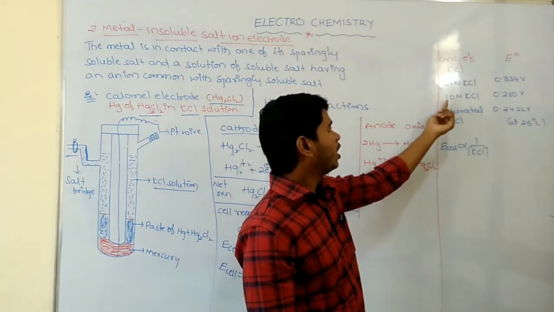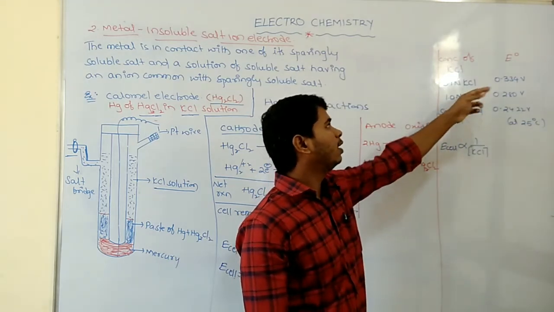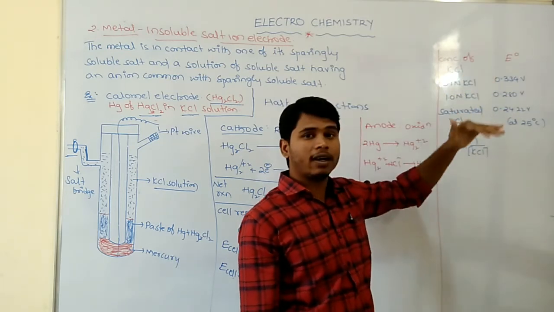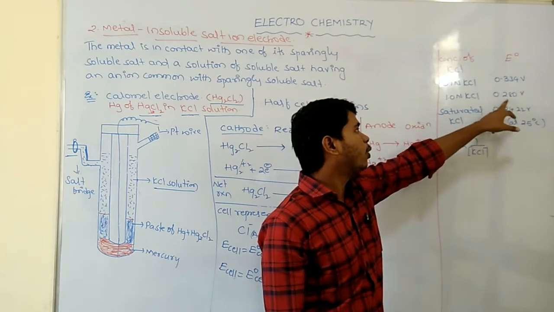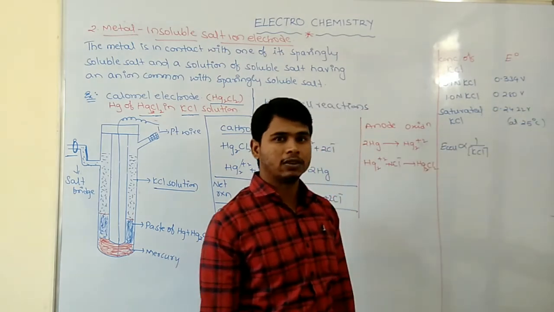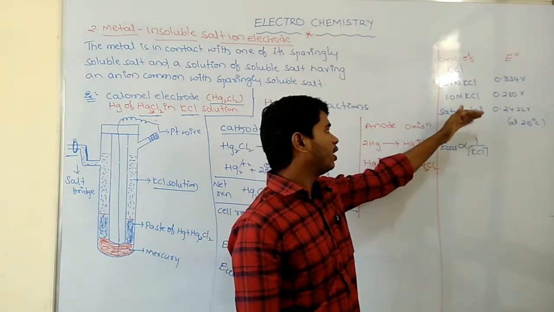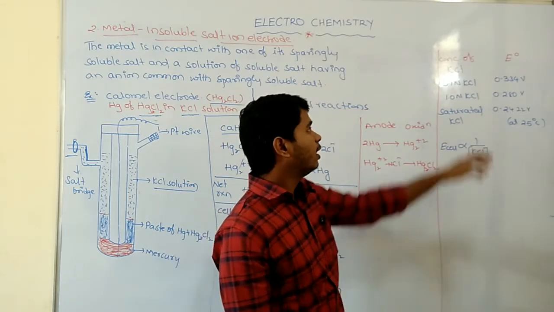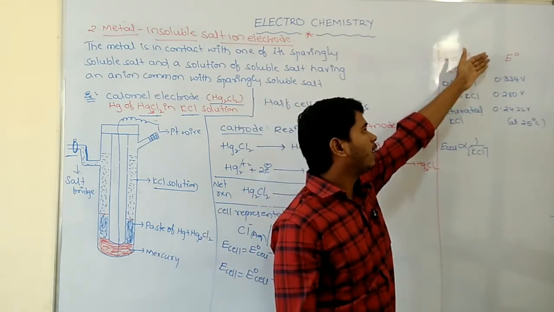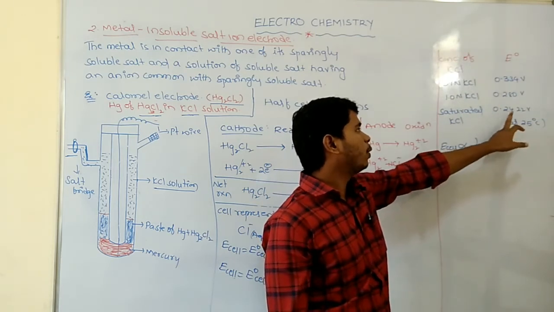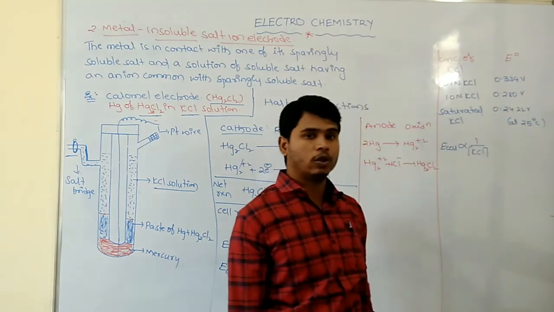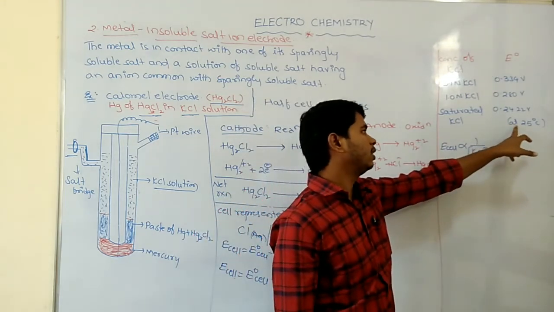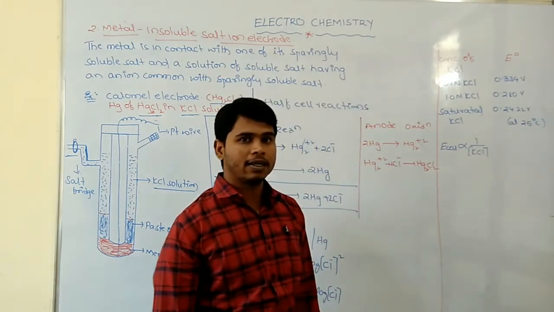If the concentration of KCl is 1 normal, then the standard reduction potential is 0.280 volts. For example, if a saturated amount of KCl is taken in the solution, then the standard reduction potential will become 0.2422 volts, and all these calculations are made at a particular temperature, that is 25 degrees centigrade.